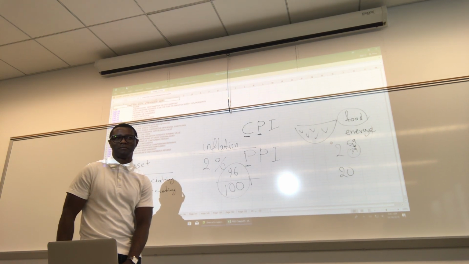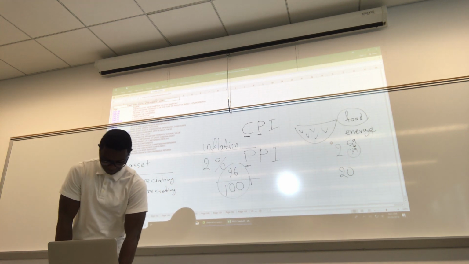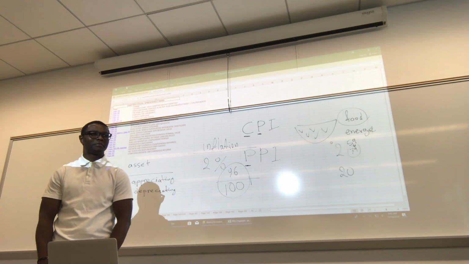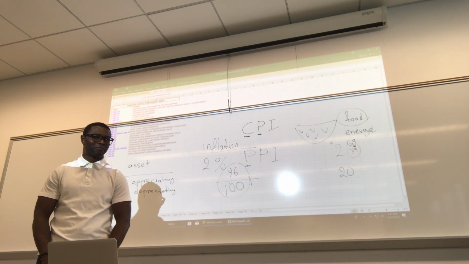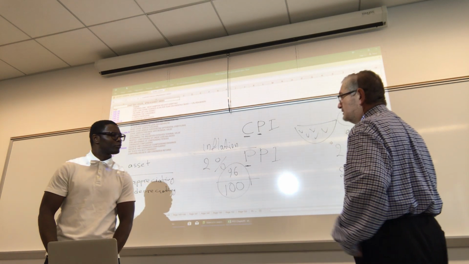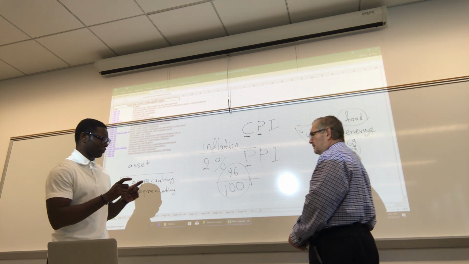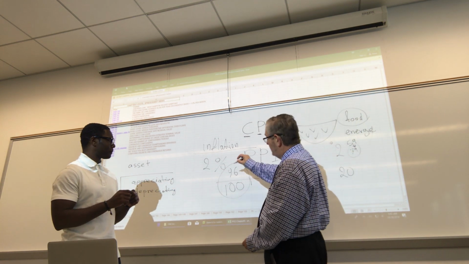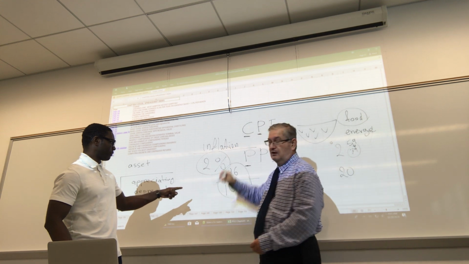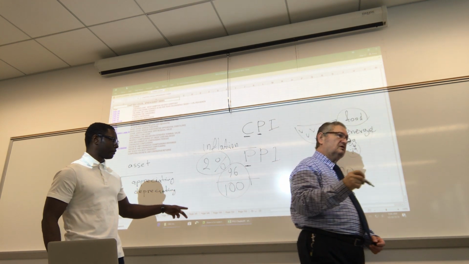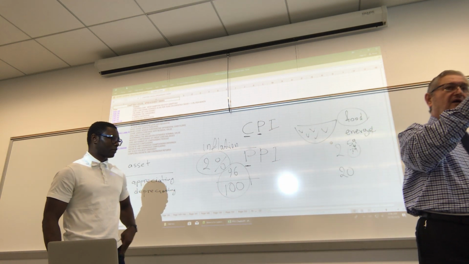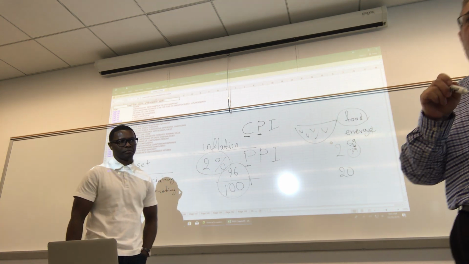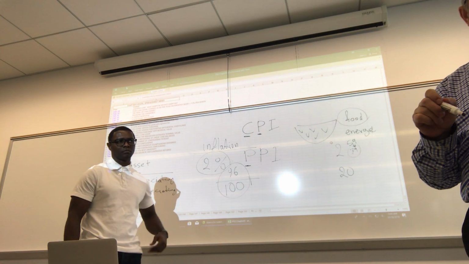The rest of you, you have a cell phone and a computer in front of you. I don't want you to use it, I want you to know it. What do you mean by 2%? 2% is the target for inflation. You don't want the inflation to be too high, but you don't want it to be too low.